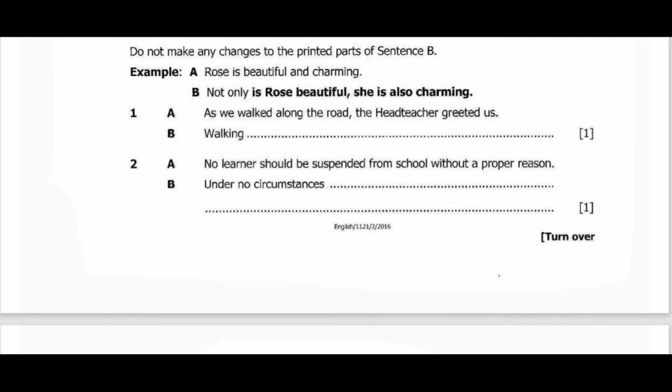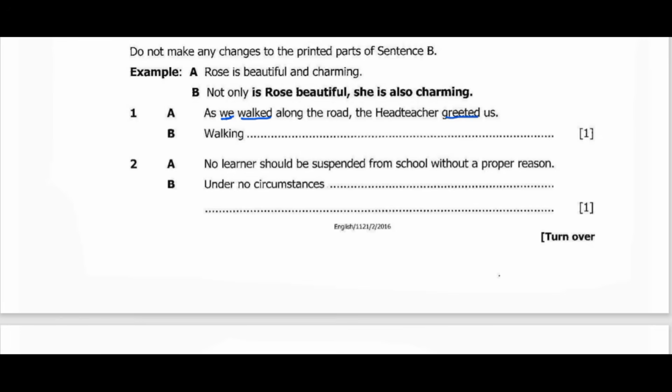In this first sentence, we have 2 actions that took place. Then we also have the doer. The one that did the first action was we. Walked is our first action. The second action, done by the head teacher, is greeted.